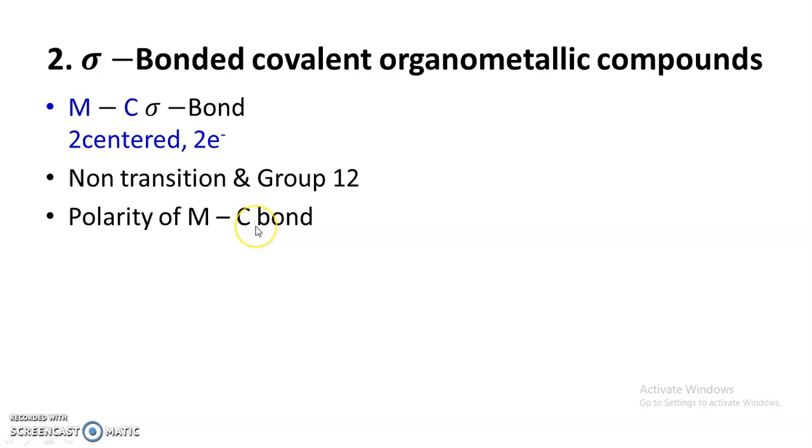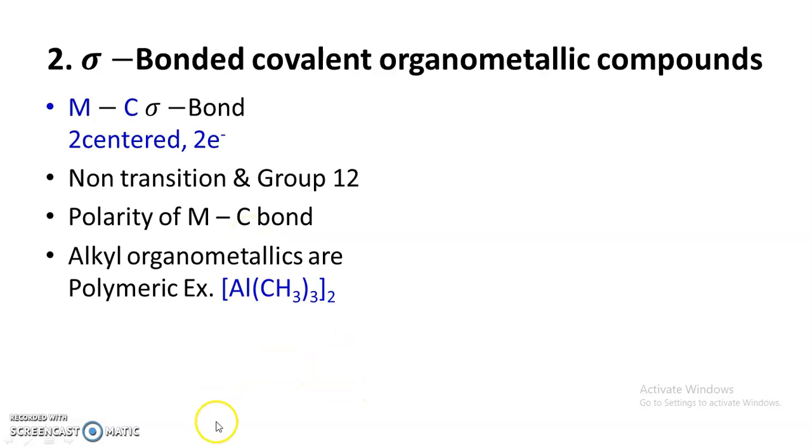Actually the electronegativity of carbon is fixed, while the metal is different in different organometallic compounds. So the greater the electropositivity of the metal, the greater is the polarity of the resulting sigma bonded covalent organometallic compound.